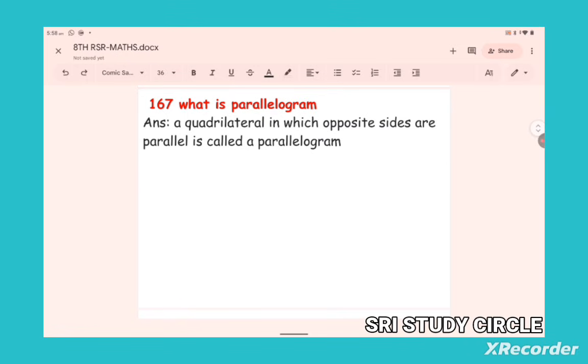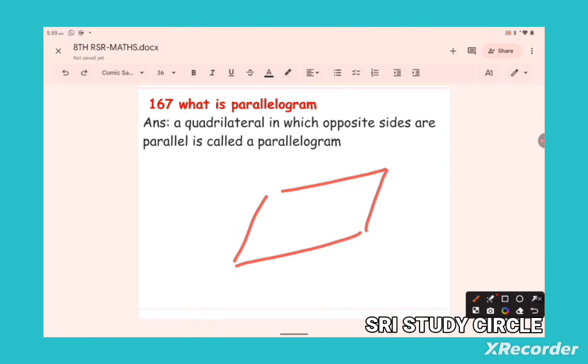What is a parallelogram? A parallelogram means the lengths of opposite sides are equal, opposite angles are equal, opposite sides are parallel, and the diagonals bisect each other. Suppose ABCD is a parallelogram. AB is equal to DC, BC is equal to AD.